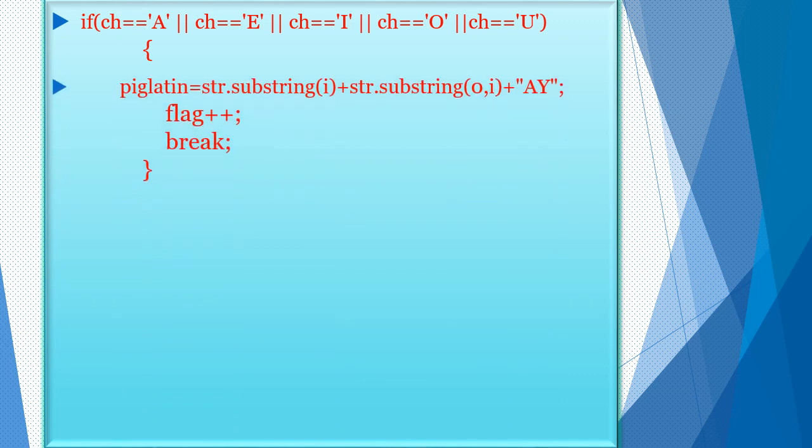PigLatin equals str dot substring i. What is the value of i now? i is the index position of that vowel.